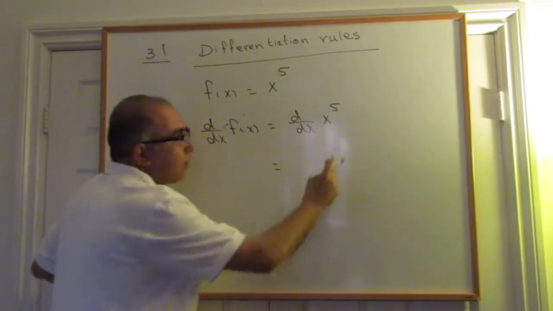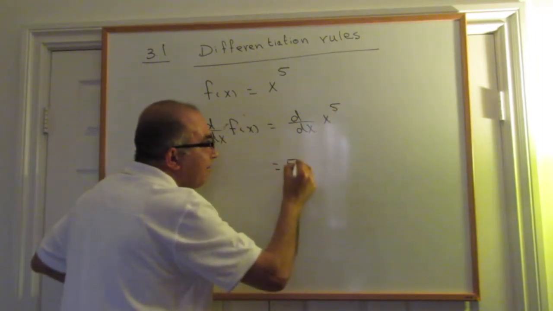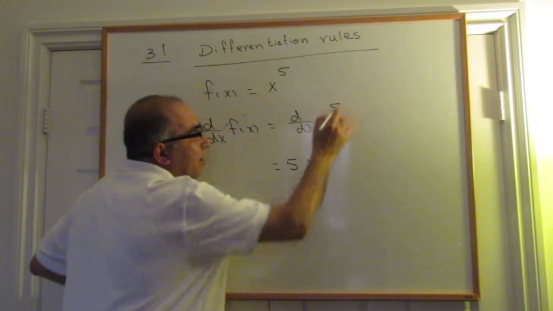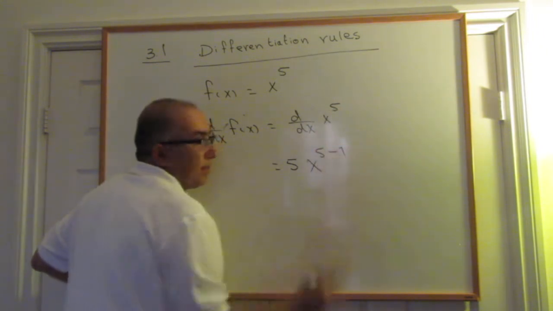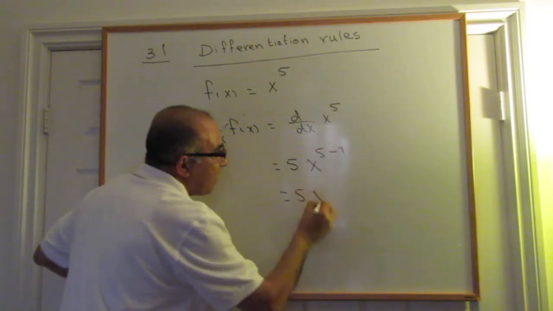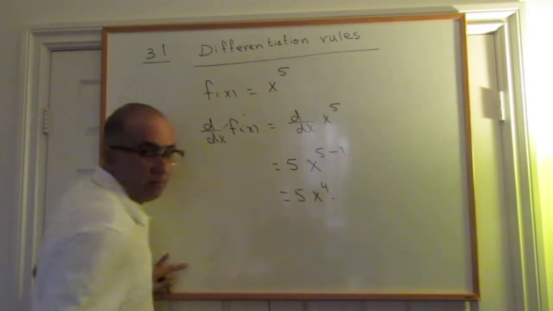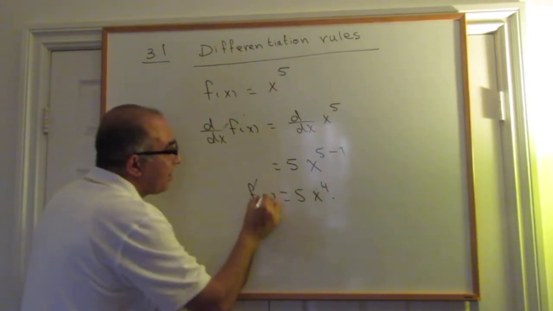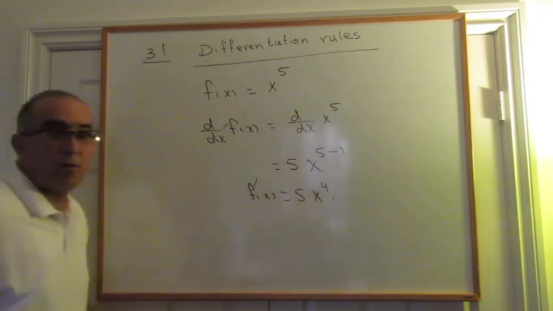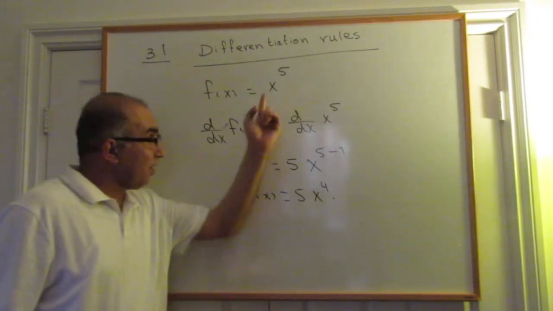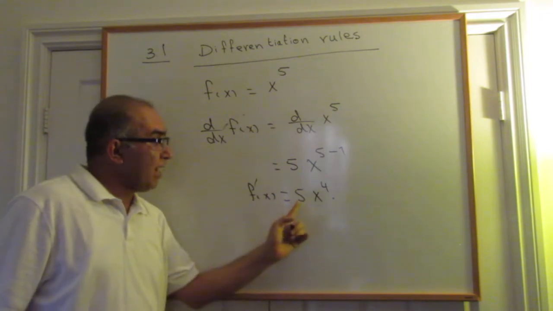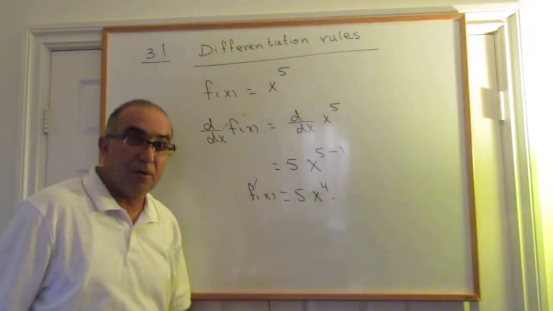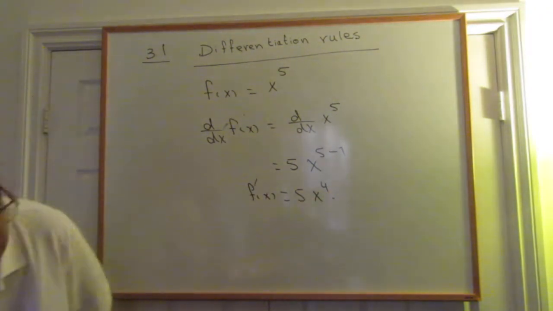Now, based on the rule, it will be 5x to the power of 5 minus 1, which gives you 5x to the power of 4. It means your f prime of x equals 5x to the power of 4. The first derivative of x to the power of 5 is 5x to the power of 4. Another example.